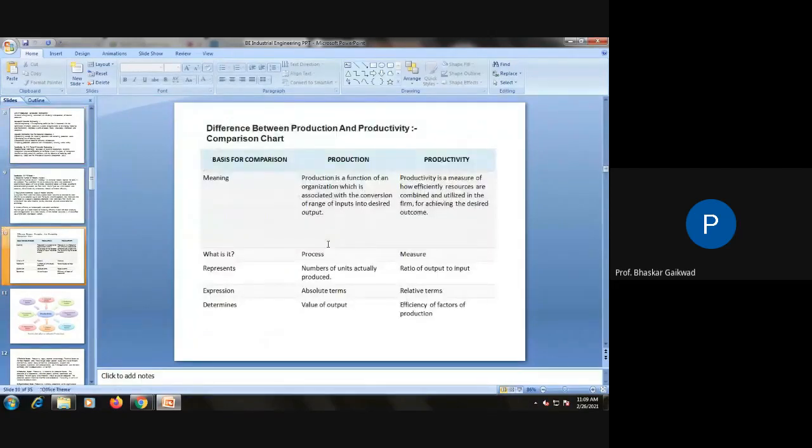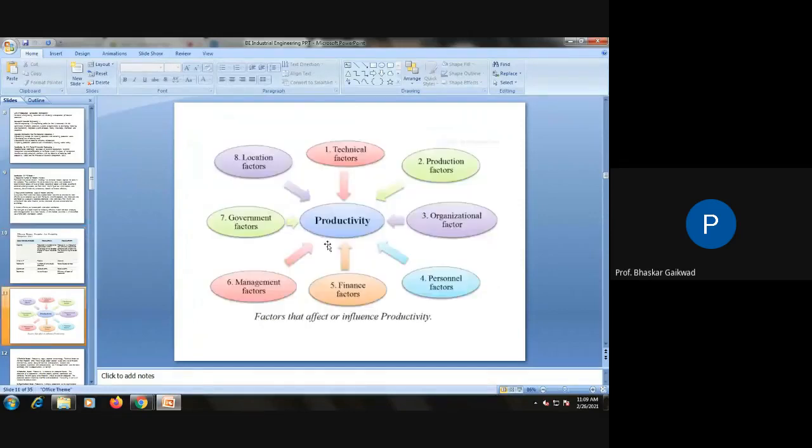Then the difference between production and productivity, and the factors affecting productivity: technological factors, production factors, location factors, government factors. Government factors contain the subsidy, the different types of taxes, policy, import export policy, location, urban or rural and related facility.